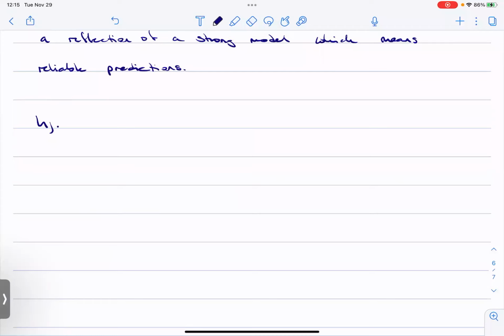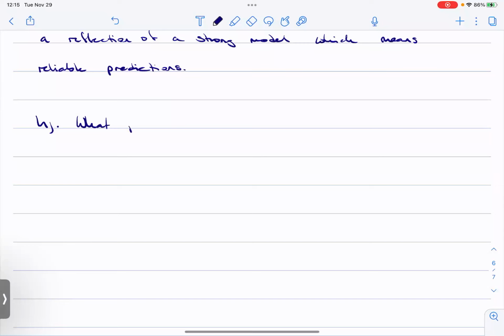So part H is going to say something like, what percentage of variability in gift aid is explained by the least squares regression line on family income? That's a very overwhelming question if you just take it for what it is. But as soon as you have that trigger of percentage of variability, then you know you need the R squared.